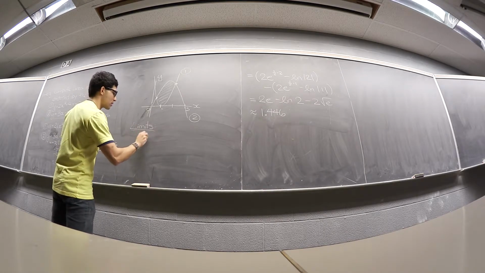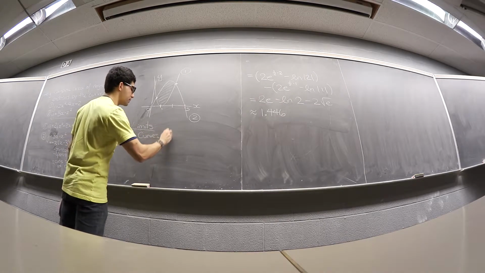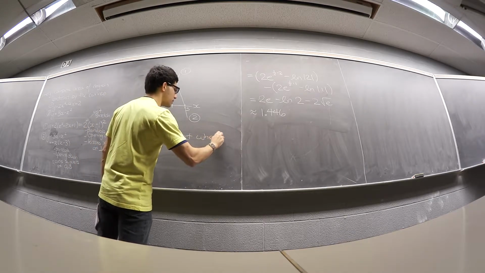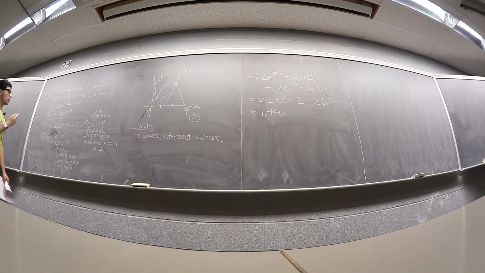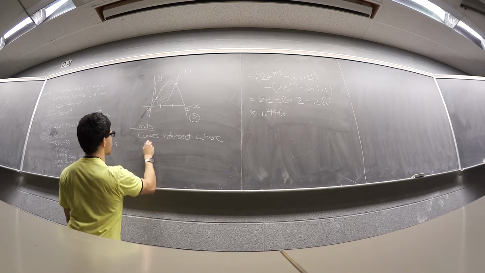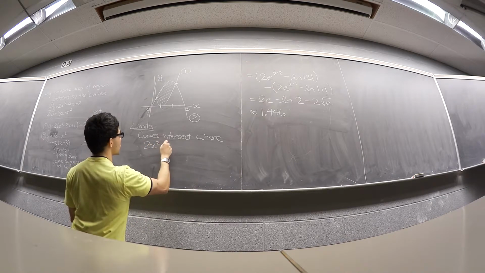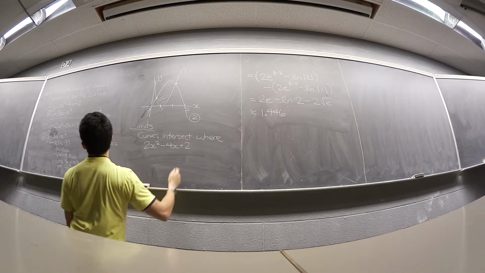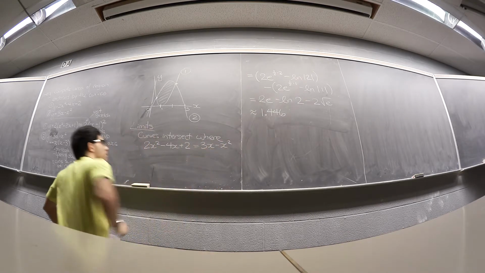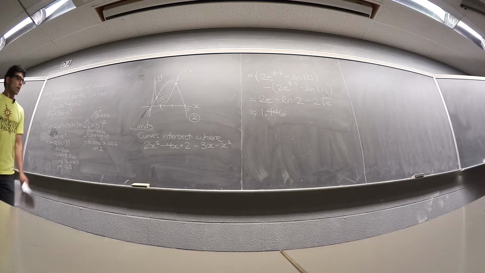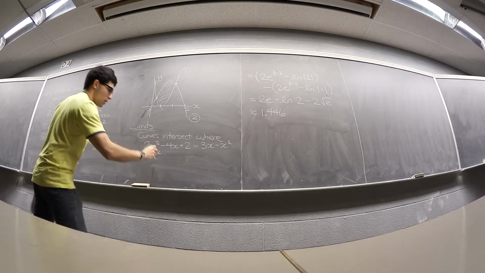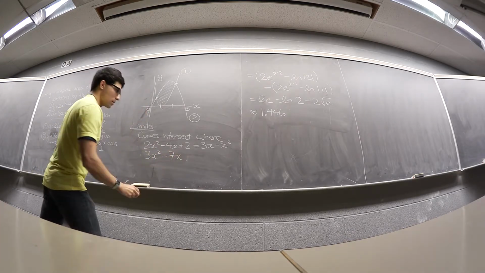Okay, so the curves intersect where those two guys are equal. 2x squared minus 4x plus 2 equals 3x minus x squared. Okay, we move stuff around. 3x squared minus 7x plus 2.